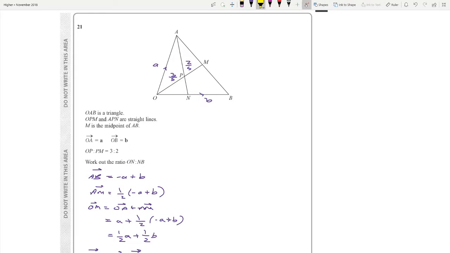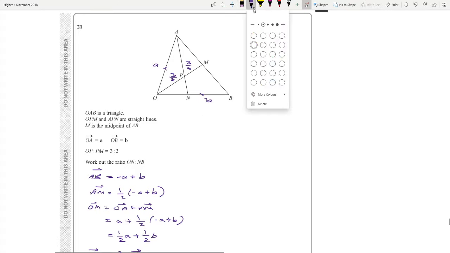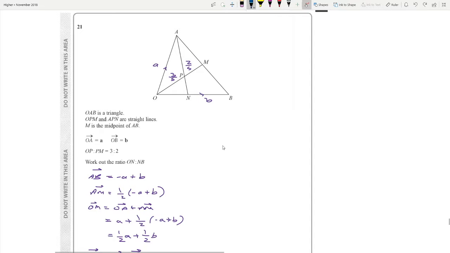Now I can write that as follows. So AN, I'm going to write it up here. Oh, not the highlighter again. I'll use a different color now. So the vector AN, it's basically the full line, is some multiple of AP, isn't it?